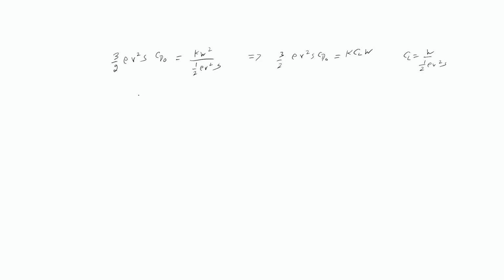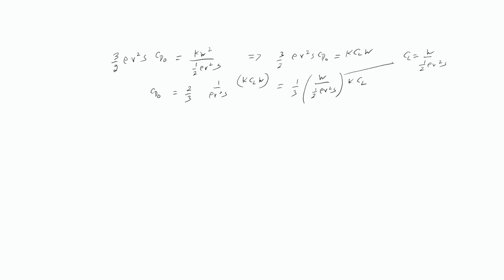All right, so now I can write CD naught equals 2 by 3, I'm just taking it to the other side, so 1 upon rho V square S, and here we have K into CL into W. Let me write here 1 by 3, W by half rho V square S, into K into CL.